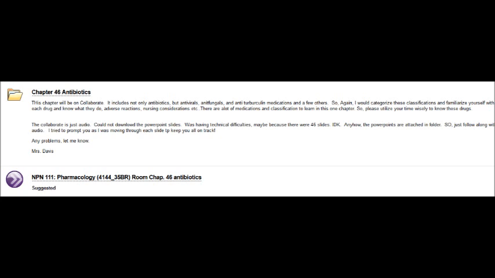Tetracyclines help with acne, rickettsia, which is tick bite or Lyme disease, as well as any mycoplasma infection. You do not give them to children less than 18 years old because tetracyclines cause permanent yellow and brown staining of the teeth.